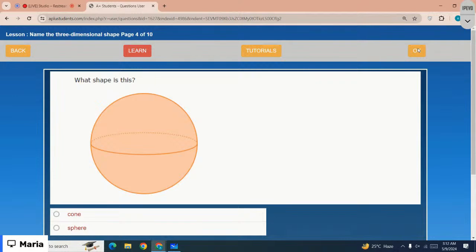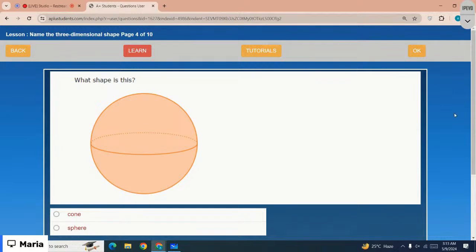Okay, what shape is this? Cone, sphere, which is the correct option? Yes, sphere it is.